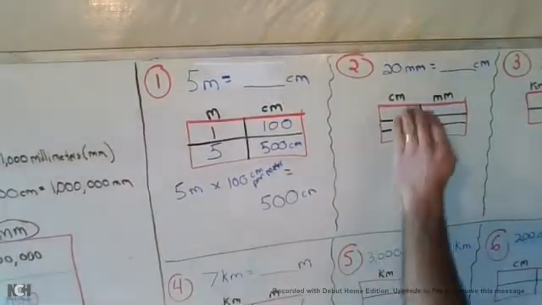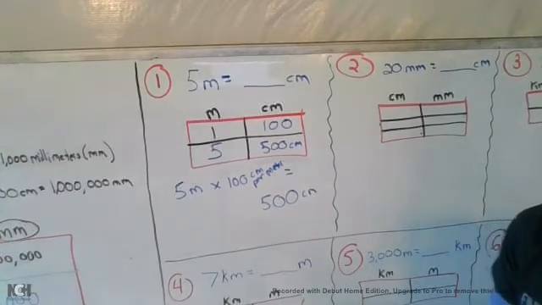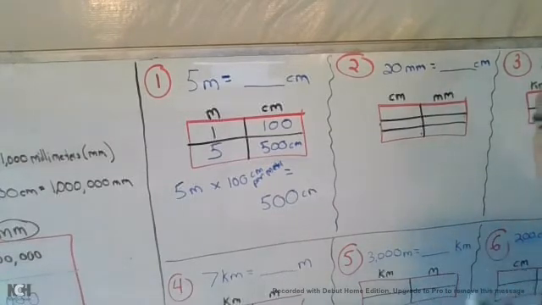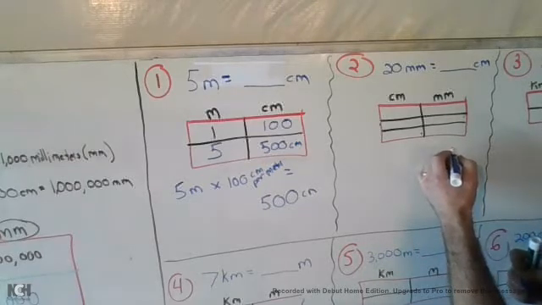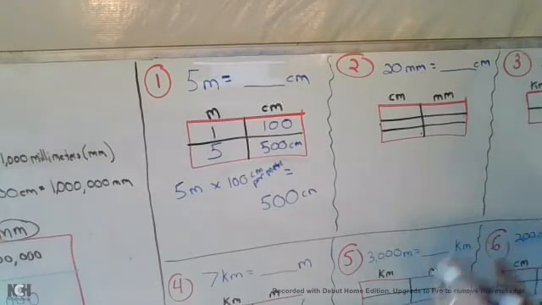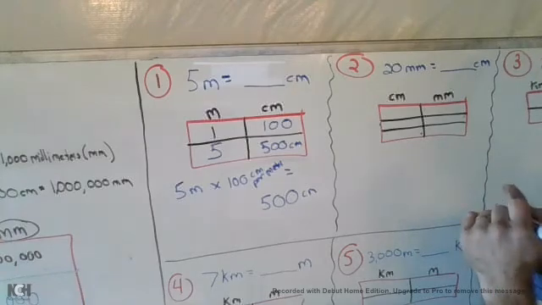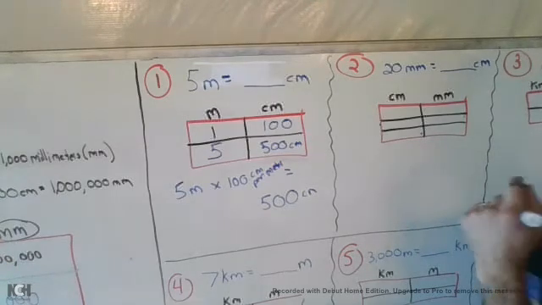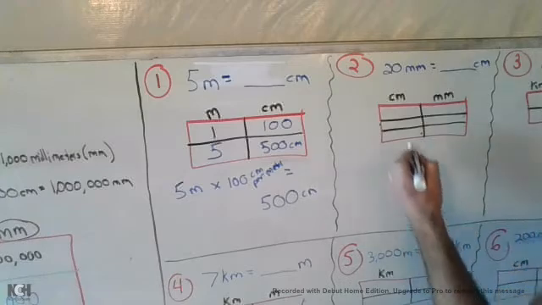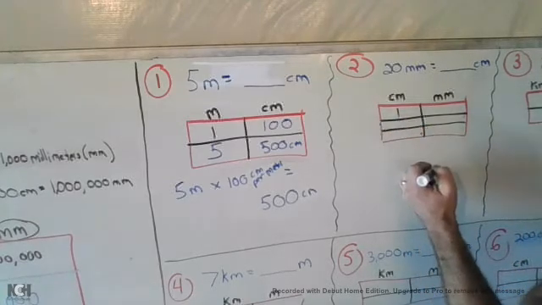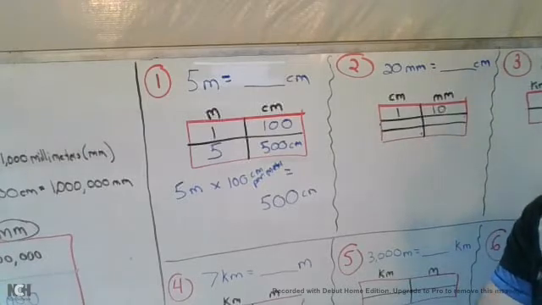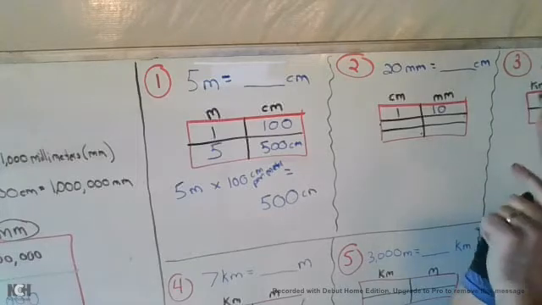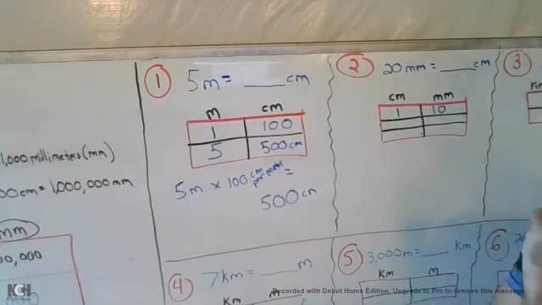So we have 20 millimeters equals how many centimeters? So we first need to look back and say, all right, well, hold on. How many millimeters make 1 centimeter? So 1 centimeter, you get 10 millimeters. Go ahead and see if you can figure out how many centimeters gives you 20 millimeters.